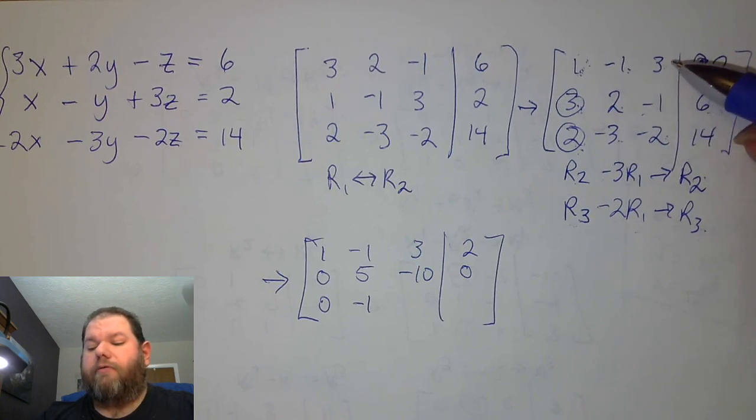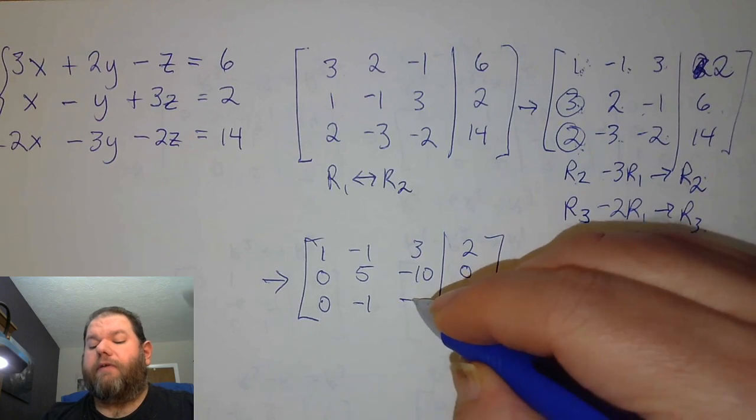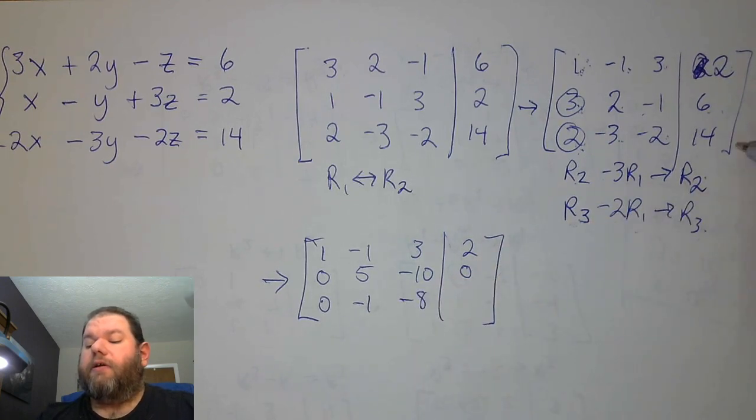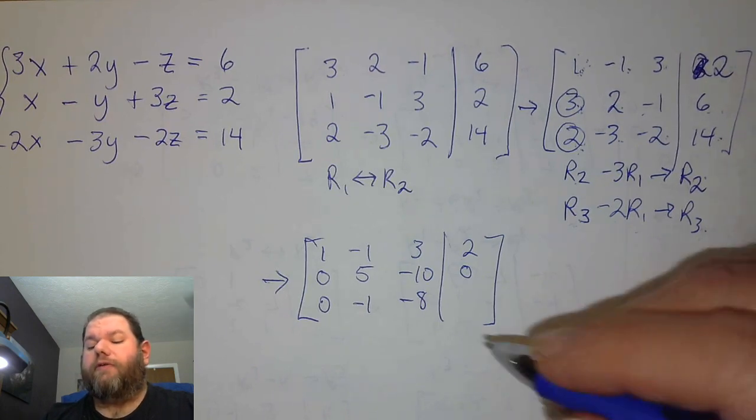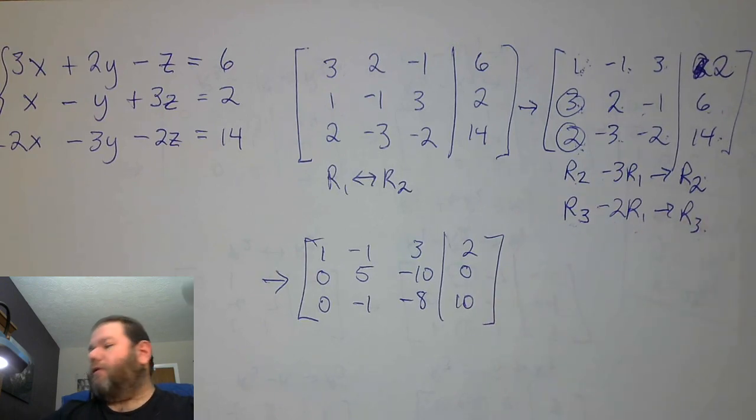So negative 2 minus 6 is negative 8. And then 14 minus 2 times 2. 14 minus 4 gives us a 10. Okay.